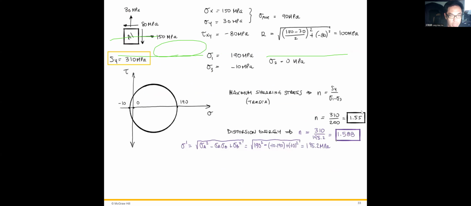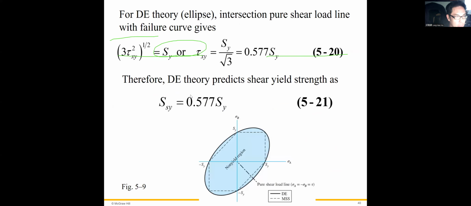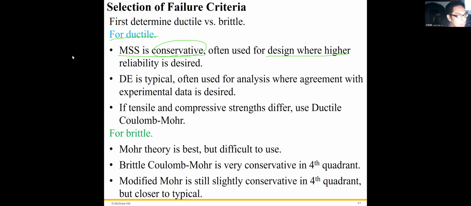For the maximum shear, which has the smaller safety factor, it is more conservative, much more conservative. And the distortion energy method is typically used for analysis. It agrees with the experimental data, so this method is close to the experimental data.